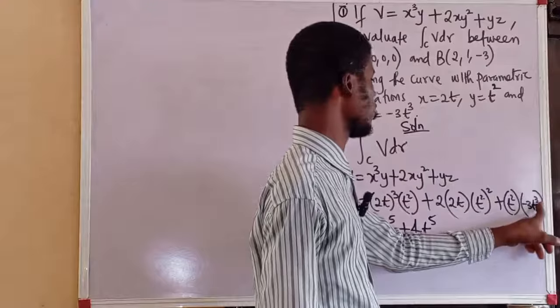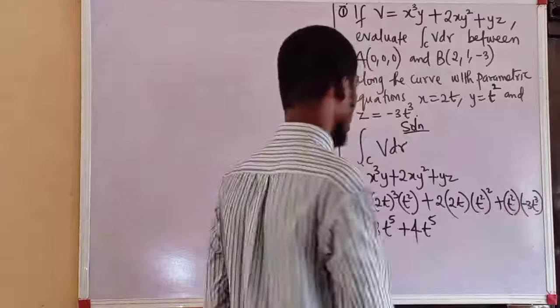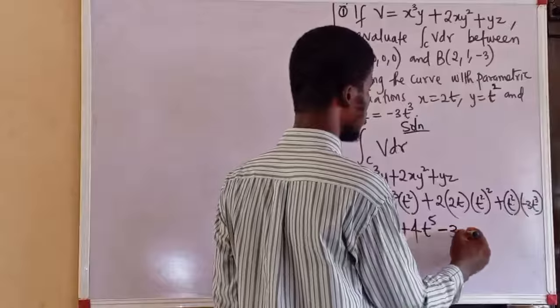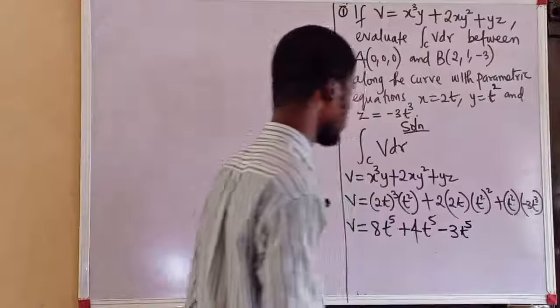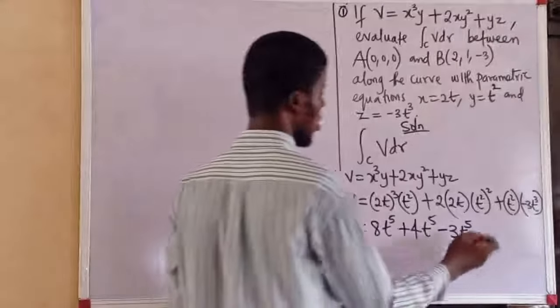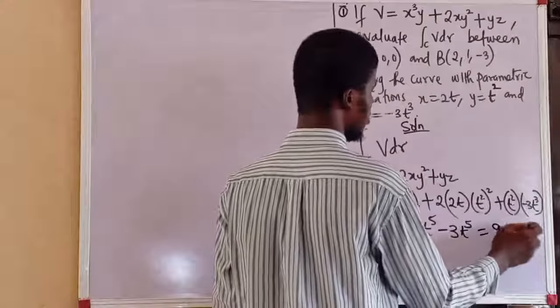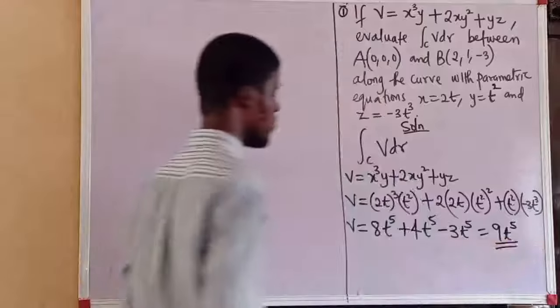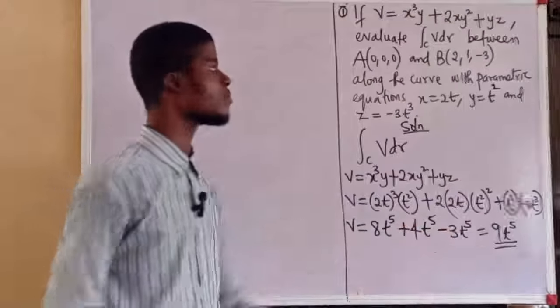Minus 3t cubed times t squared, that is minus 3t to the power 5. 8 plus 4 is 12, 12 minus 3 is 9. So we have 9t to the power of 5. This is our V in terms of t.